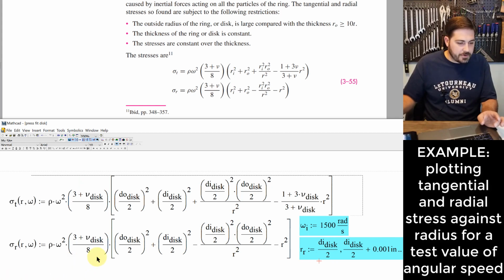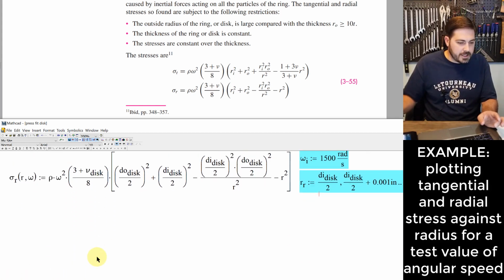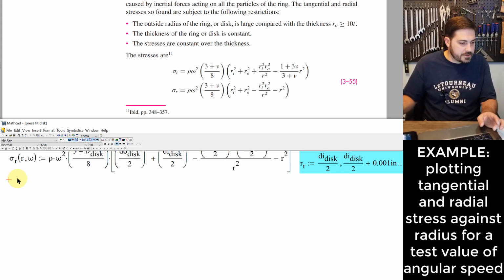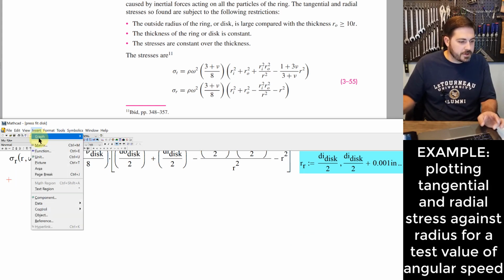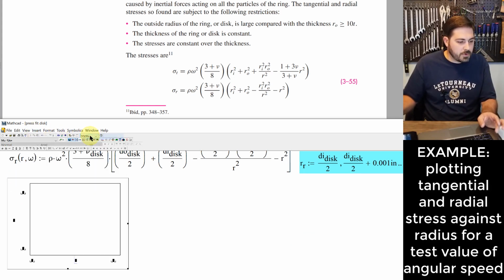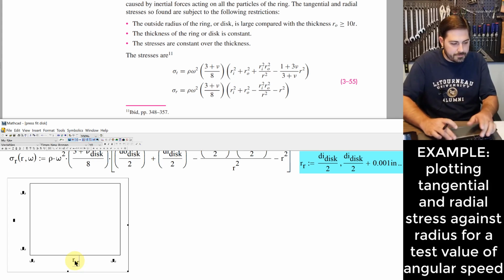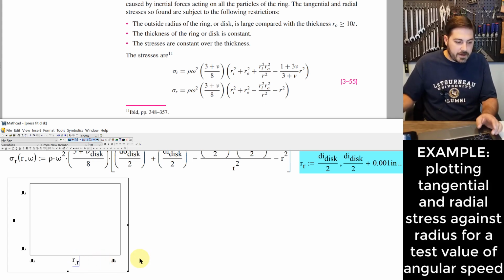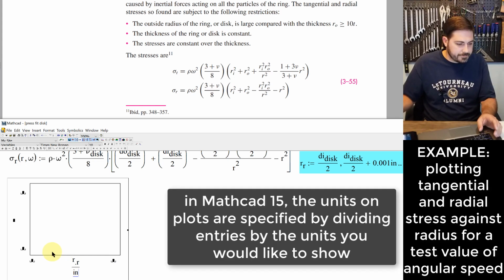Now that I have those established, let me go ahead and plot these functions. To get a plot in here, I'm going to insert a graph, xy plot. Here I'm going to plot my range variable, but I want to do that not with the default units. I want to use inches instead of the default units.